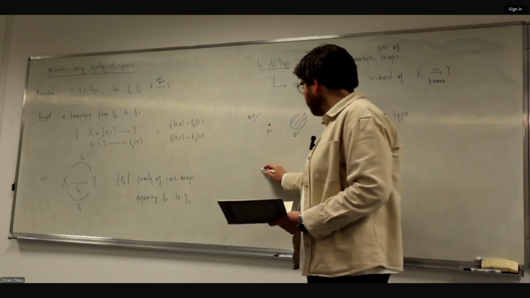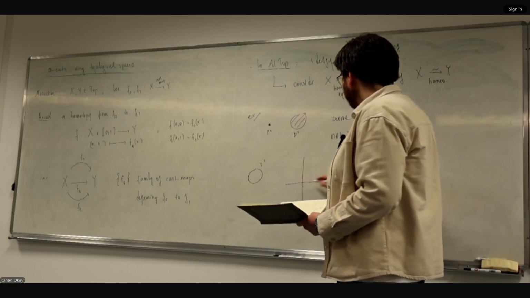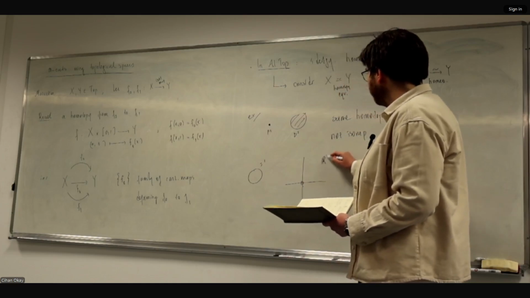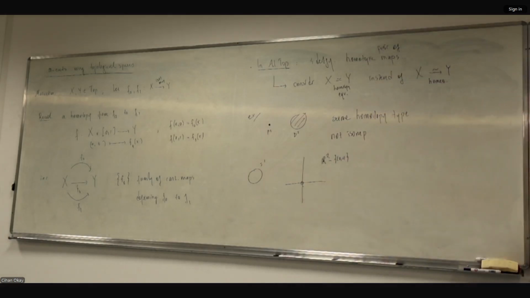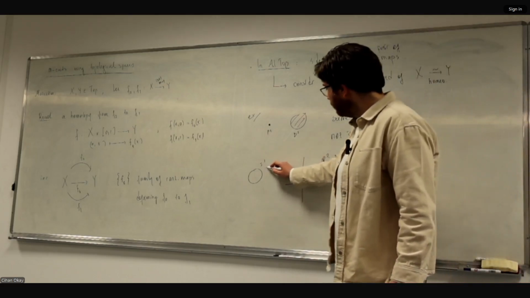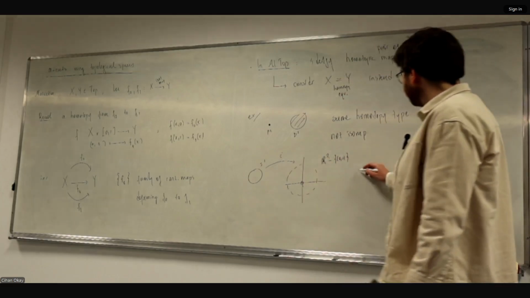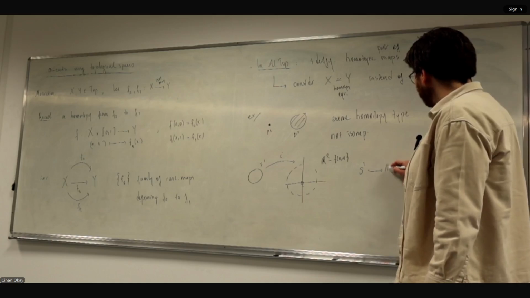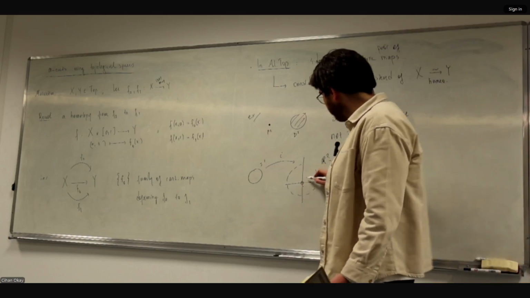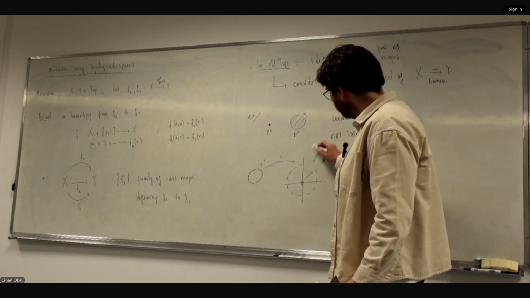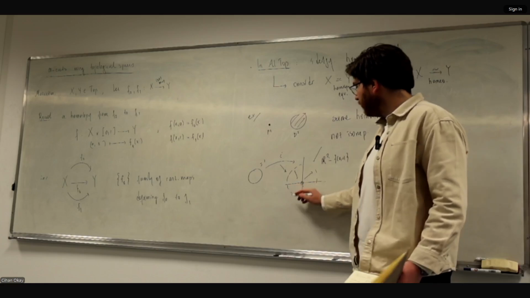Another possible example: you may consider a circle, and R2 without the origin. These are standard textbook examples. You can embed S1 here using the inclusion. But also you can use a retraction: you can just squeeze this space like this and obtain S1.